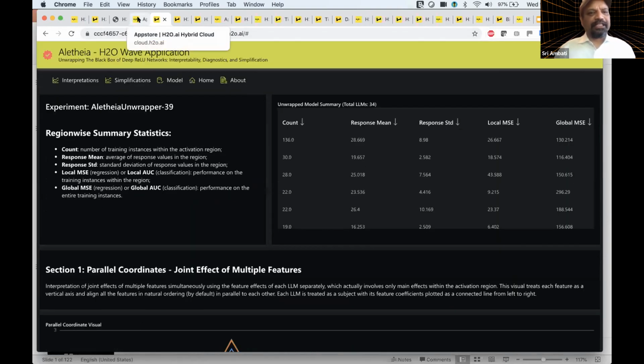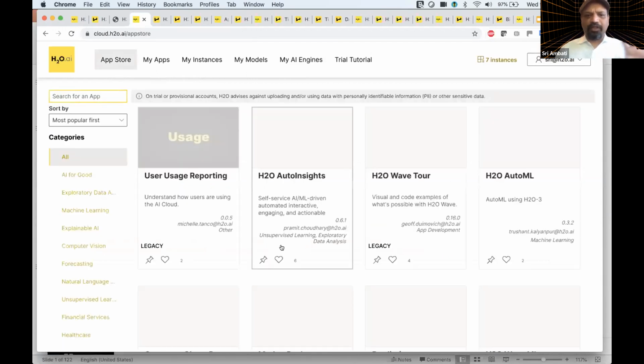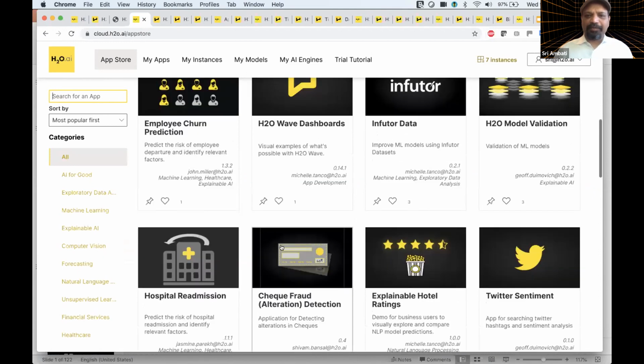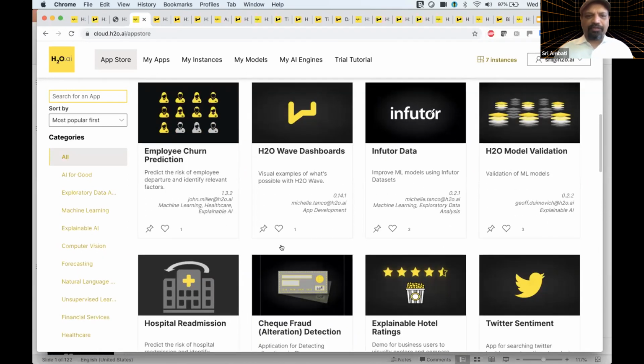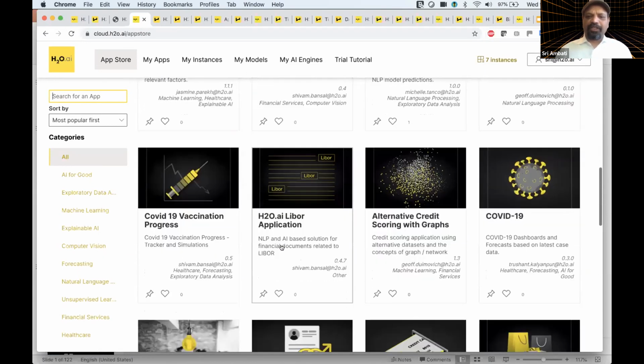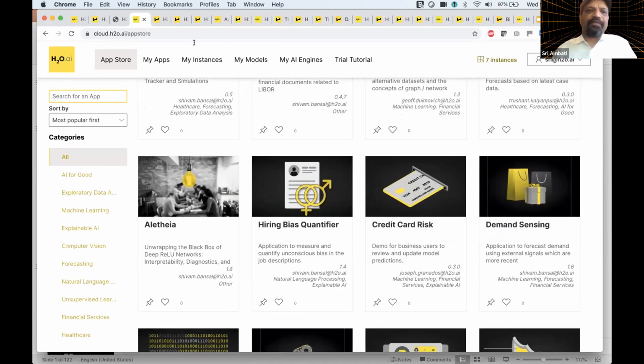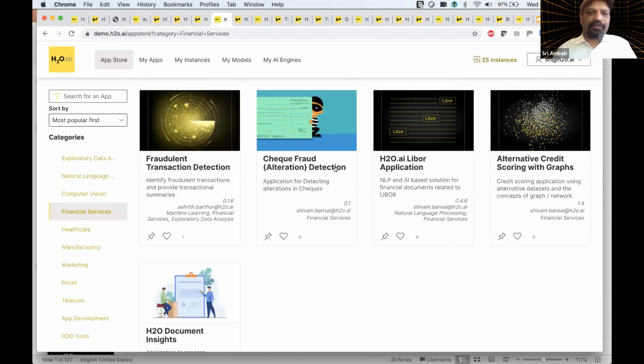Another interesting application that the team has built, and the call to action today is to go to cloud.h2o.ai. You're going to see some applications from Infutor later today. A powerful one is essentially, of course, subprime credit scoring, which is a big use case for us.